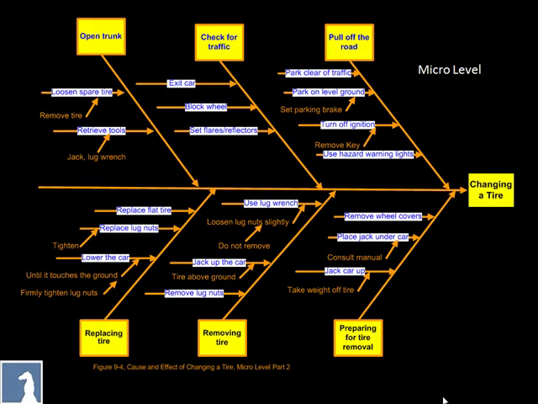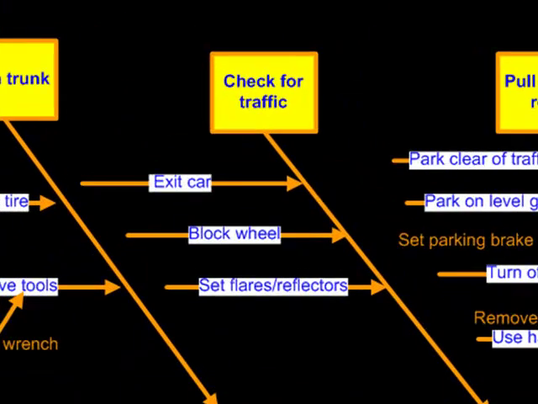But for example, under the check for traffic, there's exiting the car, and there would be issues from a risk and hazard standpoint there, whether or not the wheels should be blocked or are in need of being blocked properly, and then the setting of either flares or reflectors, preferably reflectors, and with regards to identifying and clearly showing that your vehicle is off to the side of the road.